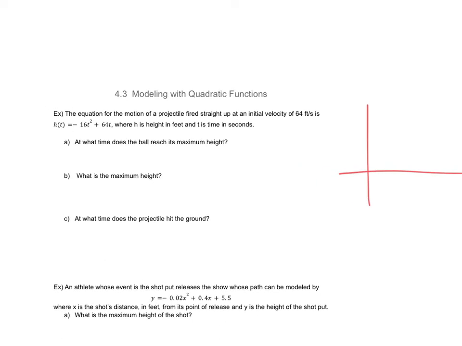Let's talk about the parts of it. Since the a is negative, we know it's going to be an upside down parabola, or a sad face parabola, right? Because a is negative. So let's figure out all the pieces and then we're going to graph it to give us a sketch.